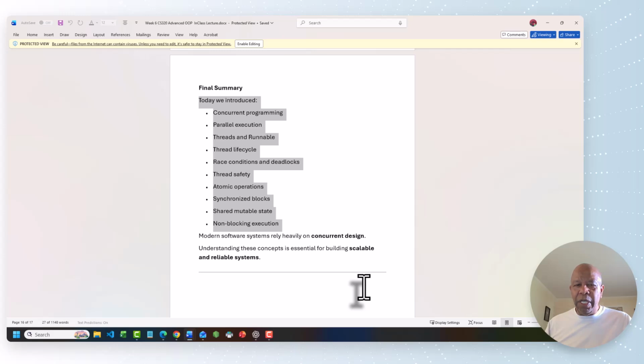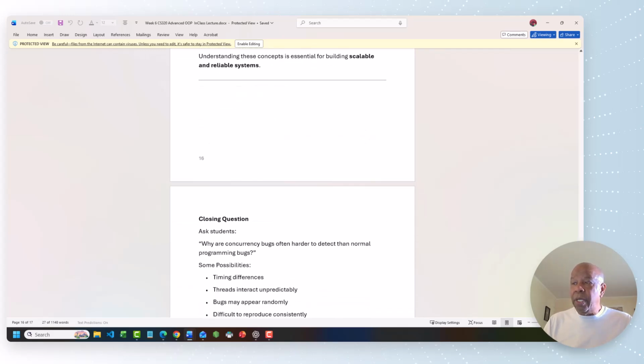I start using cores. I start running tasks in parallel, so that even though I have 1,000, I can run 500 of those in parallel. Okay, so that's where the concept comes in and what we're reviewing here in week 6.